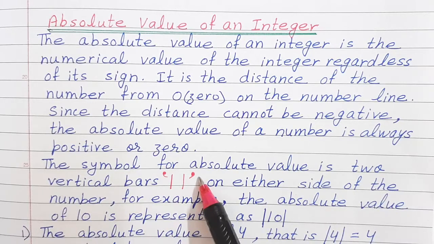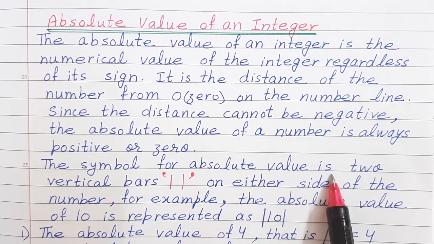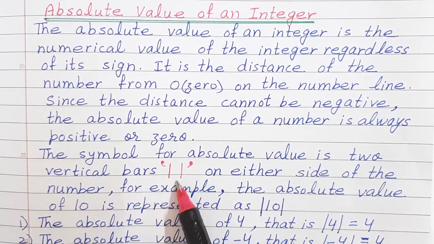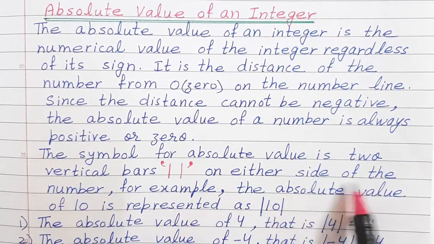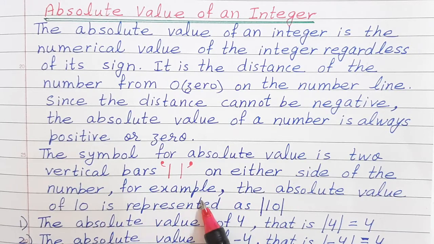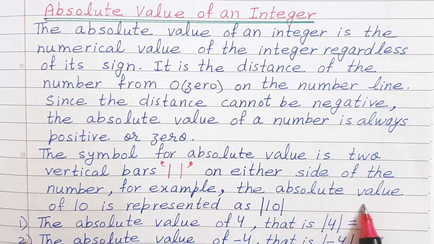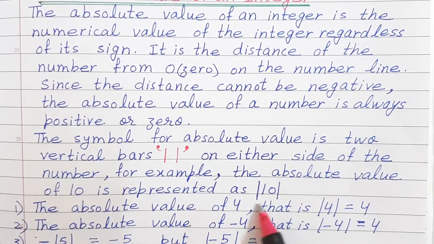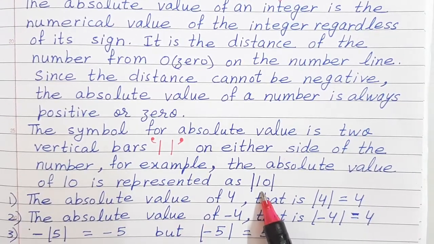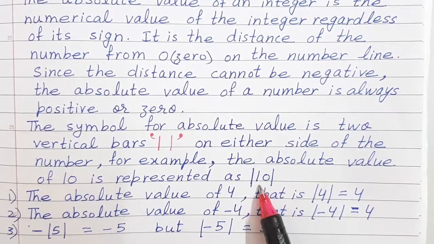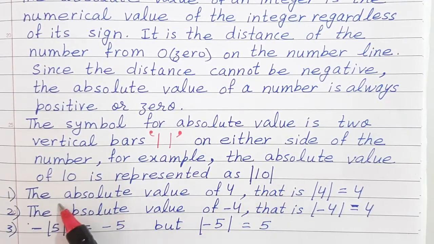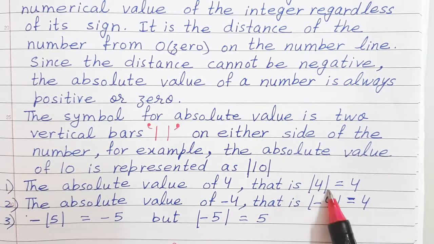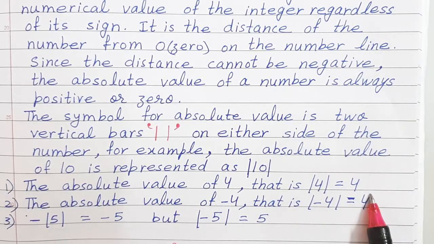The symbol for absolute value is two vertical bars, right, on either side of the number. For example, the absolute value of 10 is represented as absolute 10, right? Similarly, the absolute value of 4 is absolute 4, that is equal to 4 only.